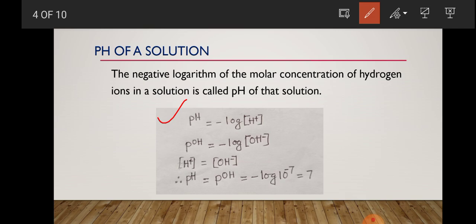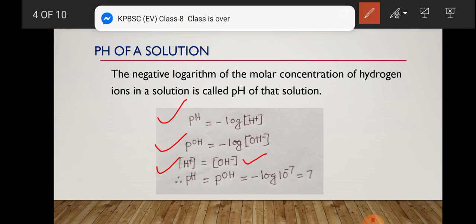Similarly, we can express the concentration of hydroxide ions by pOH equal to minus log concentration of hydroxide ion, and at 25 degrees centigrade temperature in a neutral solution, the concentration of hydrogen ion is equal to the concentration of hydroxide ion.